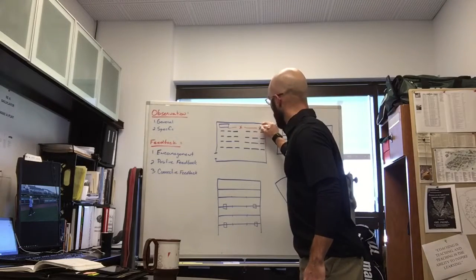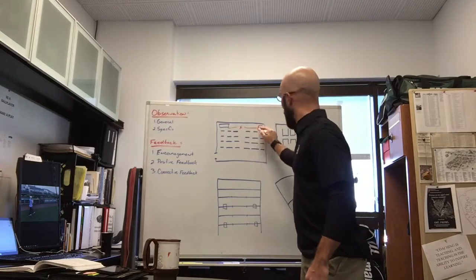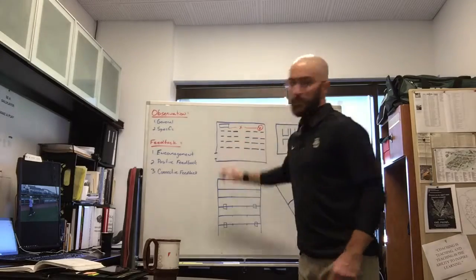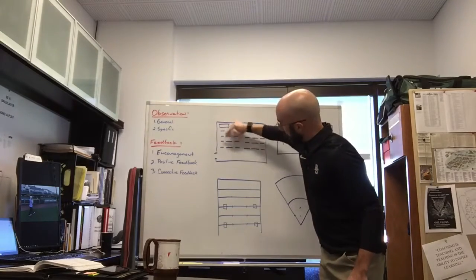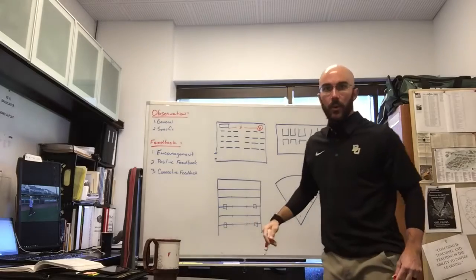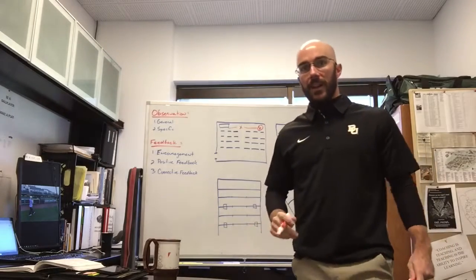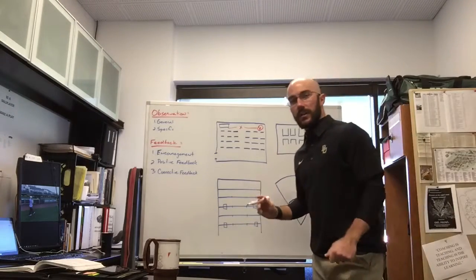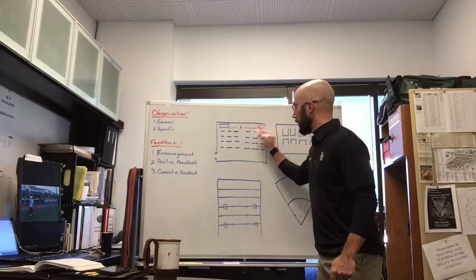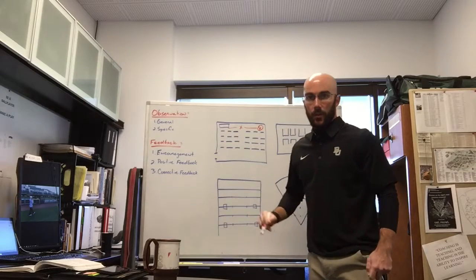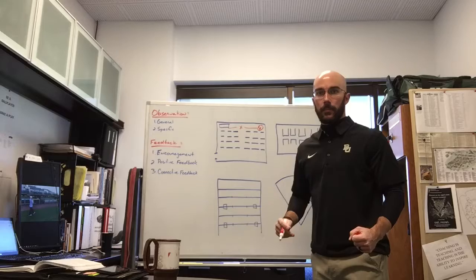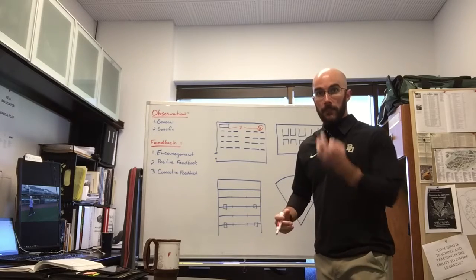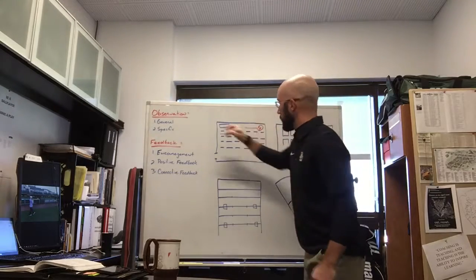If I'm in this vantage point, I can basically see the entire classroom. Obviously on the perimeter over here I'm a little bit far away, but I can see what's going on in my classroom. On the flip side, I can't necessarily provide this student with a lot of feedback regarding their performance. Now, let's go to specific observation.